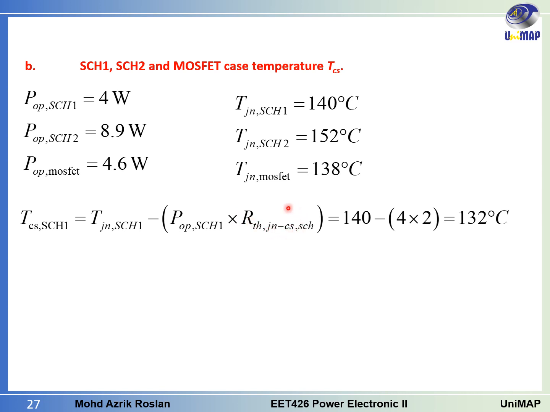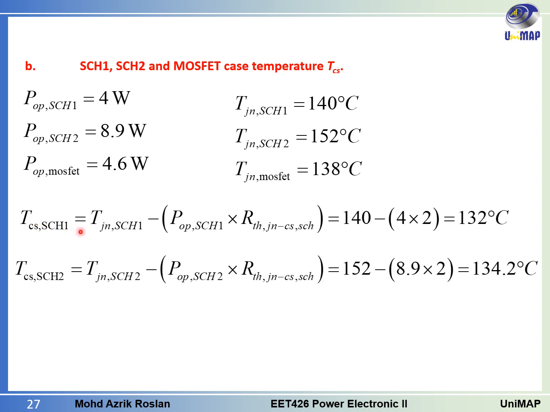Because we want to find the case temperature, we have to use the junction to case thermal resistance. In this case we have 2. 140 minus 4 multiplied by 2 will be 132 degrees C. So this is the case temperature for Schottky 1.